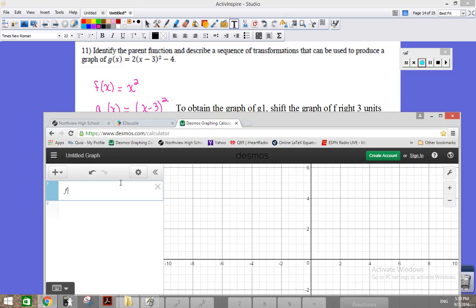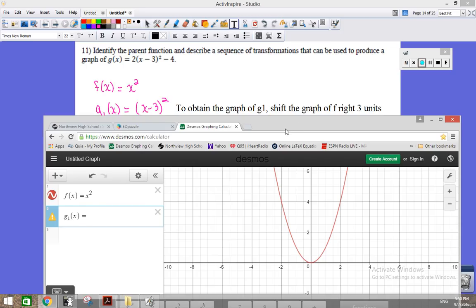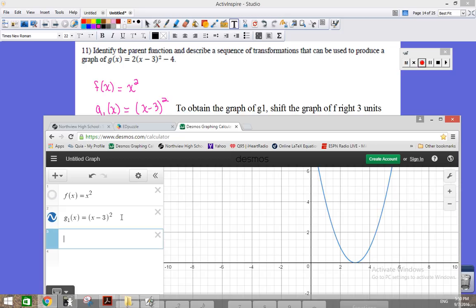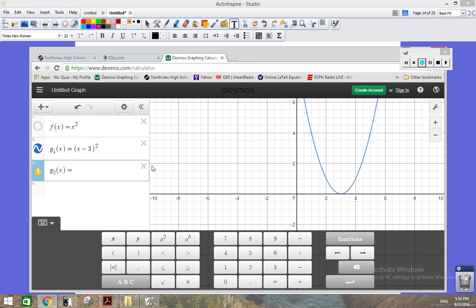So my parent function is this parabola, the squaring function, where the vertex sits at the origin and it opens upward. My first transformation was to shift this graph to the right 3 units. So even though it was minus 3, I can see that it shifted to the right 3 units. So now I'm working with this graph. To obtain my next graph, I use the graph of G1 and I vertically stretch it by 2.